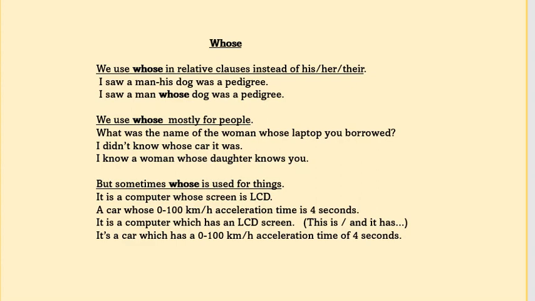But sometimes whose is used for things. It is a computer whose screen is LCD. A car whose 0 to 100 km/h acceleration time is 4 seconds. It is a computer which has an LCD screen.